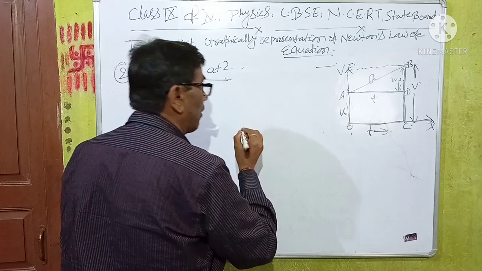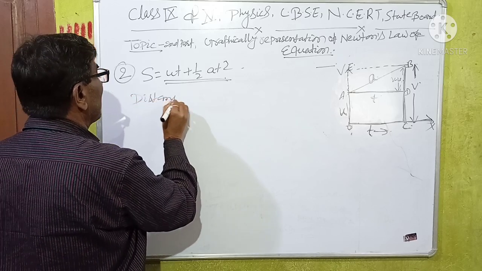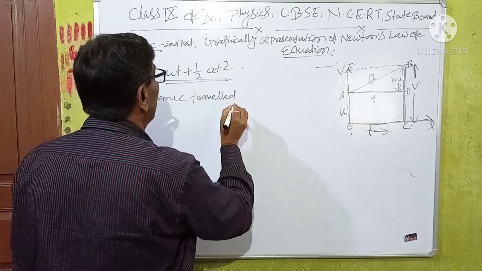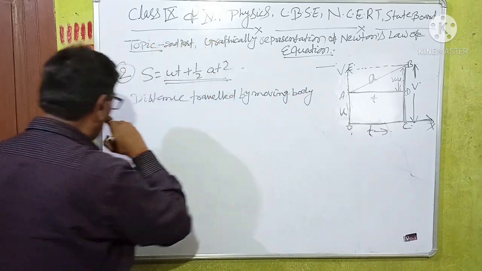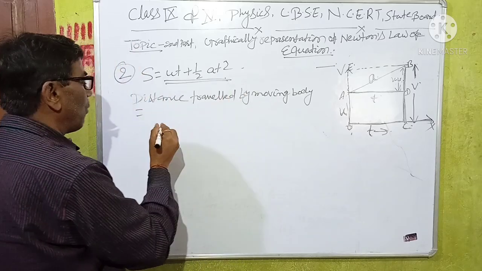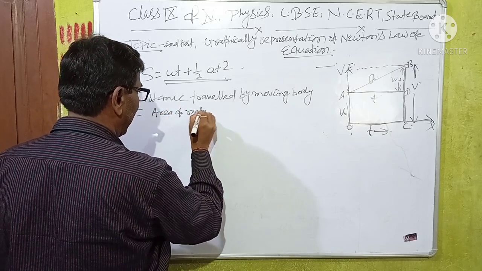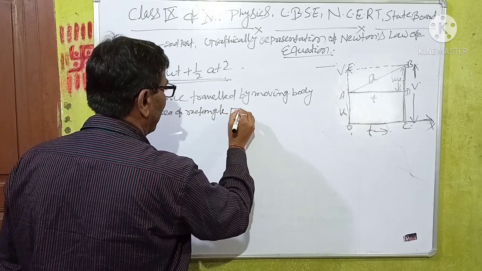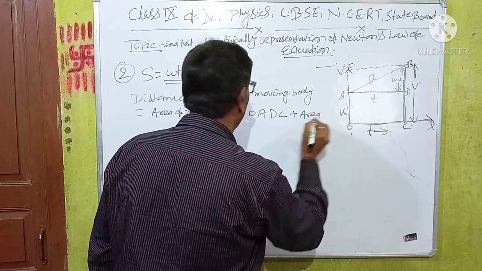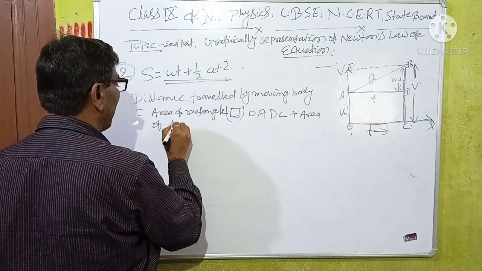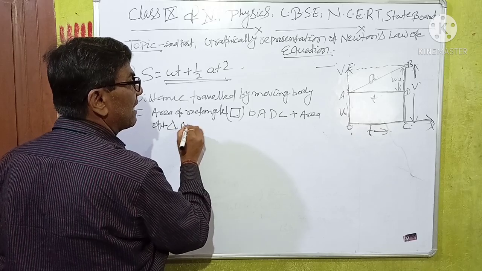Then the distance traveled by the moving body is equal to the area of rectangle OADC plus the area of the right angle triangle ADB.